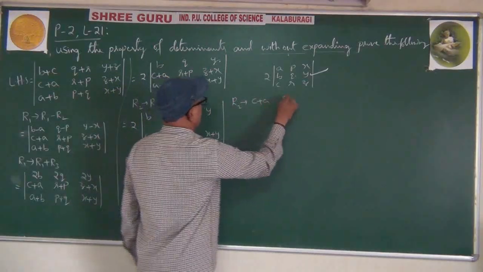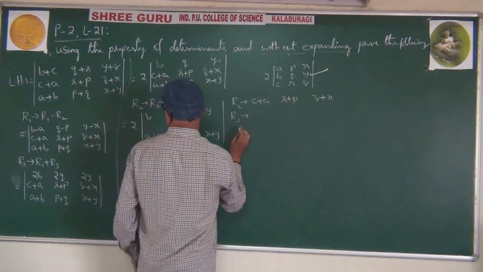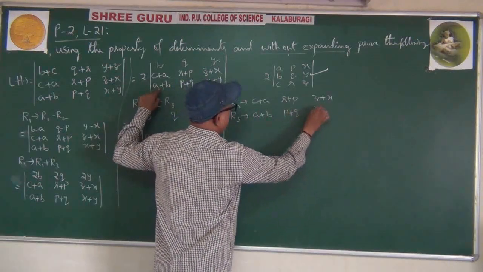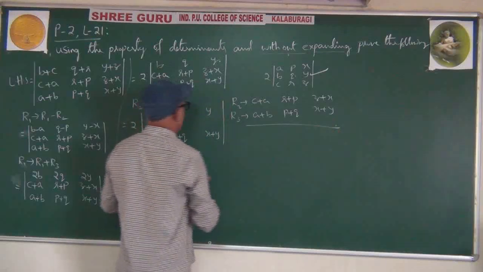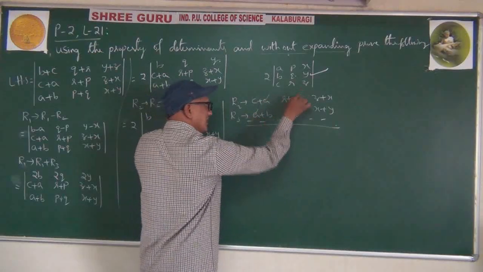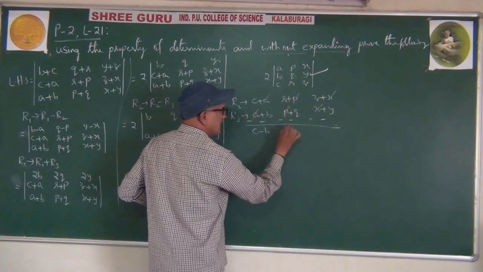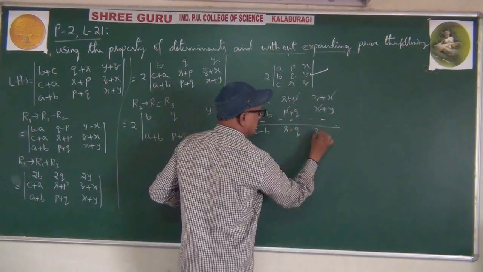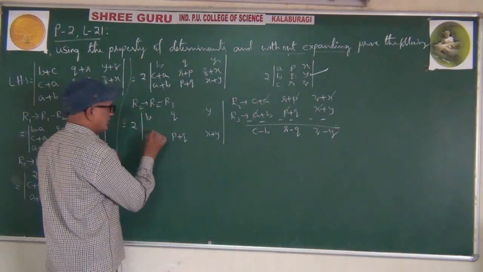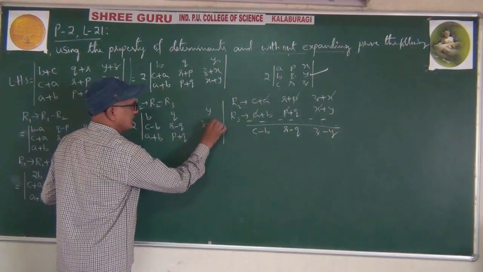C plus A, R plus P, Z plus X. Third row, A plus B, P plus Q, X plus Y. We are subtracting, so signs get changed. Plus A minus A, plus B minus B, plus X minus X. C minus P, R minus Q, Z minus Y. So that is R2: C minus P, R minus Q, Z minus Y.